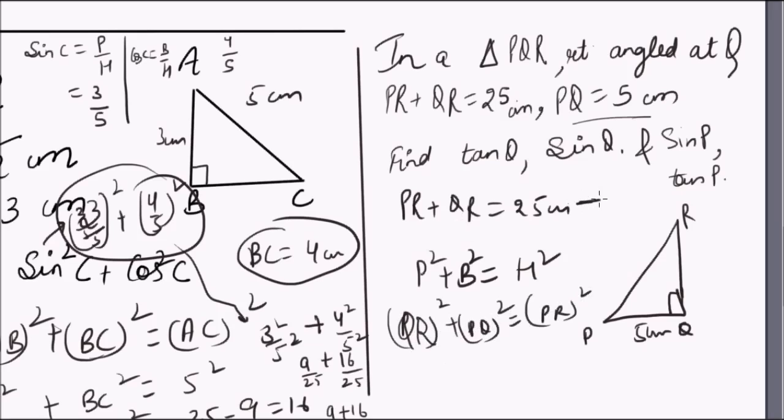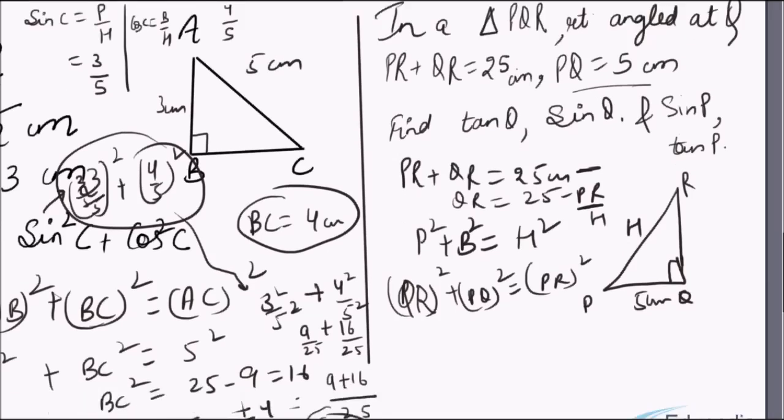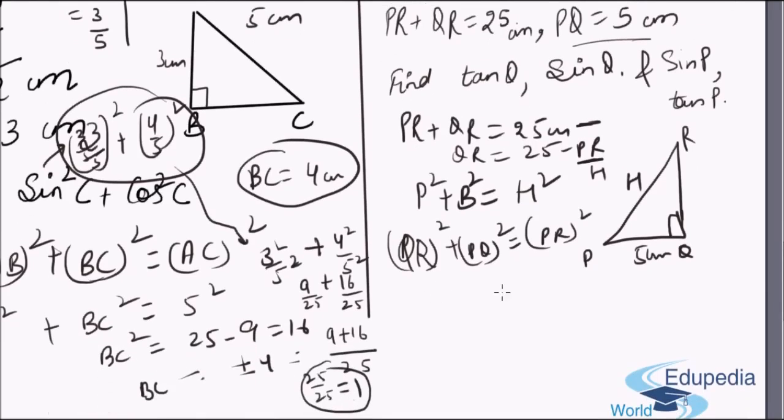Now from this, QR is 25 minus PR. Now PR is hypotenuse, therefore we can replace PR by H. Thus we have QR, which is 25 minus H whole square, equals H square, and PQ is 5, so PQ square is 25.